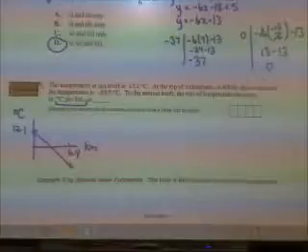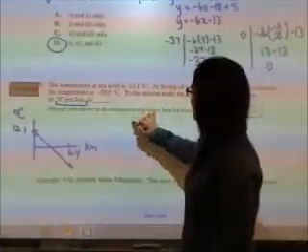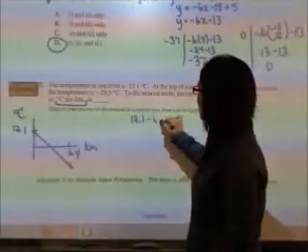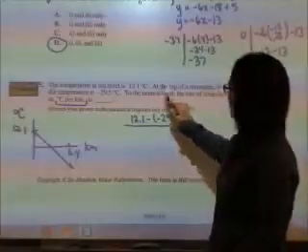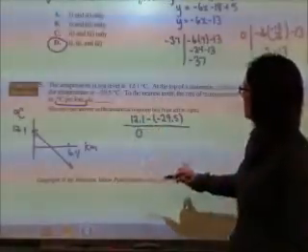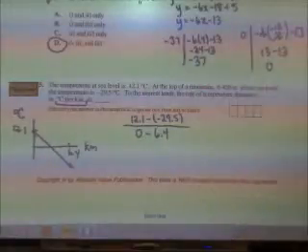So there's my slope. Rise over run. So this becomes 12.1 minus negative 29.5 over sea level, which is 0, minus 6.4, because I need to go per kilometer.